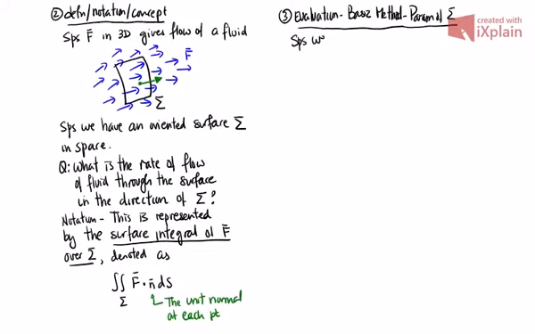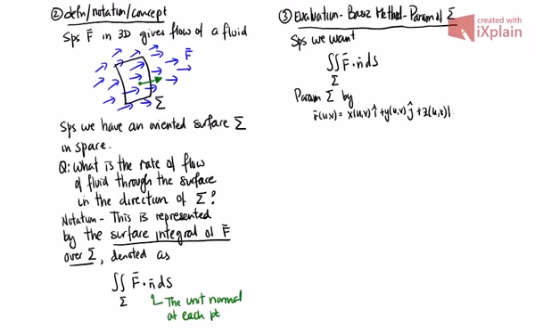So suppose we want to evaluate this. This is what we do. We're going to parameterize sigma, just like what we did in 15.5. We parameterize sigma by r of u and v, x of u v i plus y of u v j plus z of u v k.